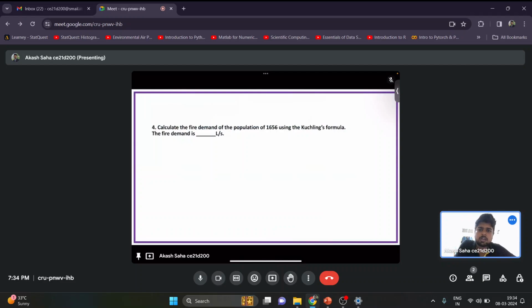The next problem: calculate the fire demand of the population of 1656 using Dixon's formula. The fire demand should be given. Here we have to take care about the units.